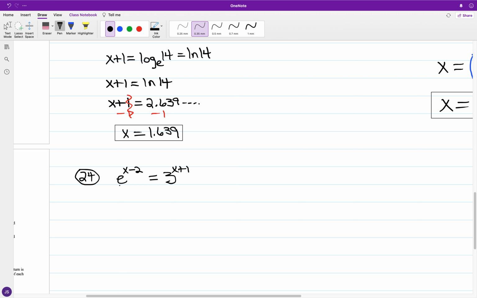if I take a natural logarithm of both sides. The reason for this is that I do have the base e to the left. But you can still apply base 10 logarithms. Now, for what I have on the left, you've got the natural logarithm of e to the x minus 2, which is equal to the natural logarithm of 3 raised to the x plus 1 power.